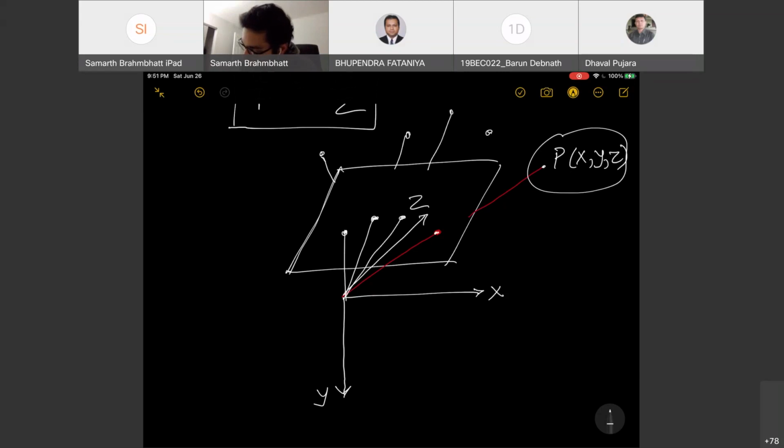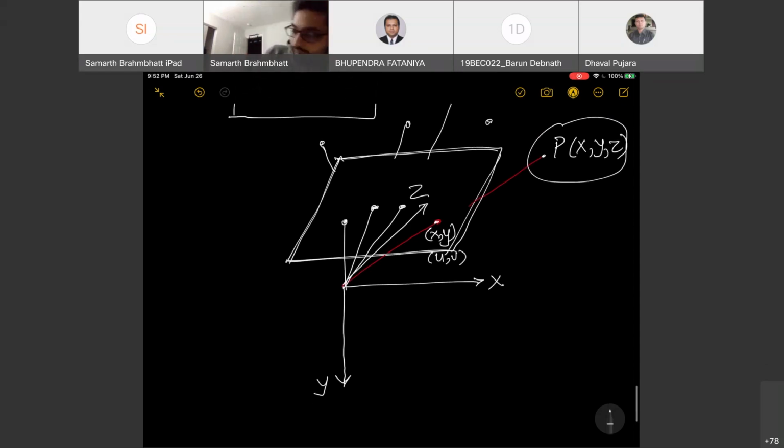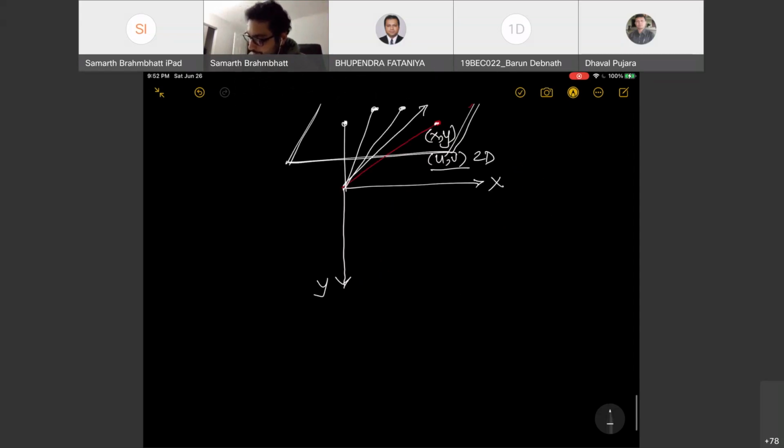Now this plane is just a 2D plane. So now it only has x, y, or what we called UV, right? You can say UV. So these are 2D coordinates. Now this is 3D coordinates. So you convert it from 3D to 2D.